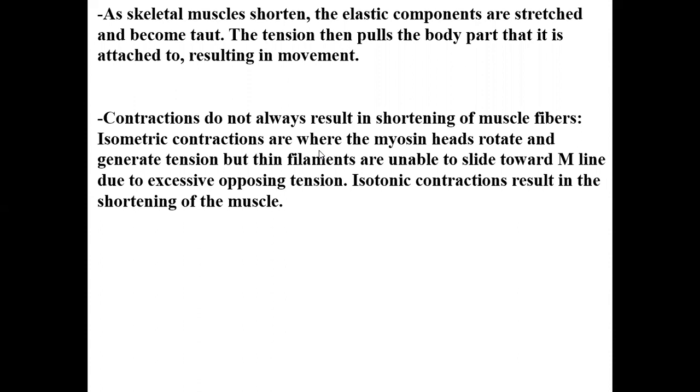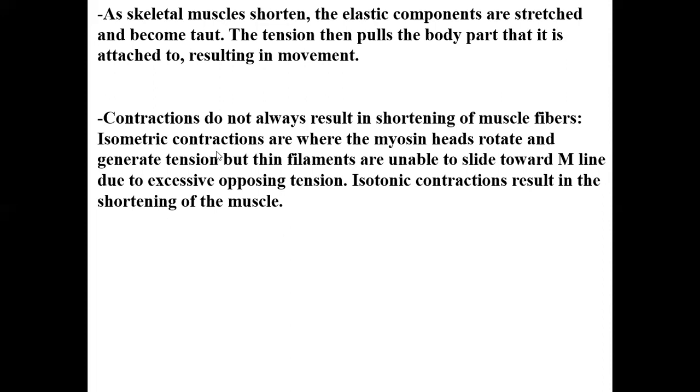When that happens, what will happen is you increase tension. When you increase tension, it means the length of the fiber is not changing. So in this sentence, it says, contractions do not always shorten the muscle fiber.